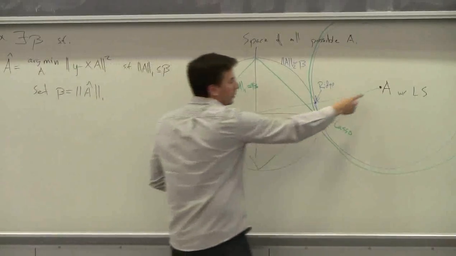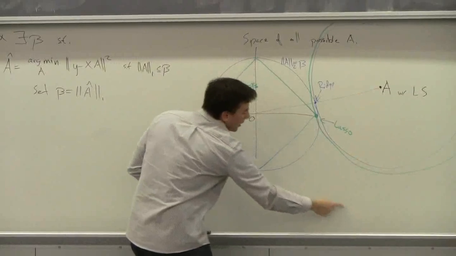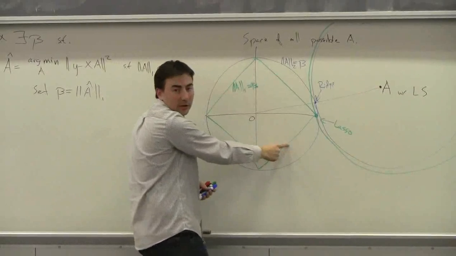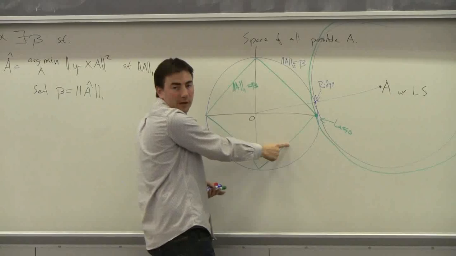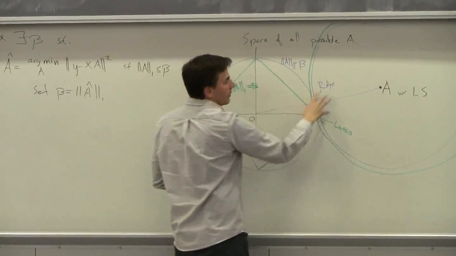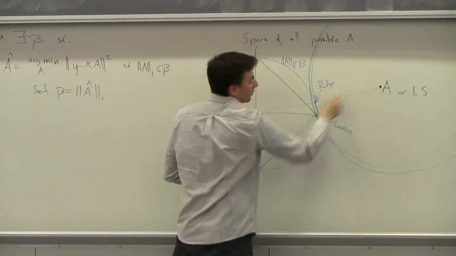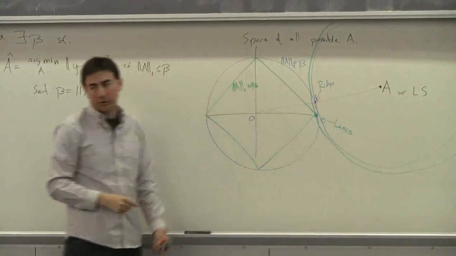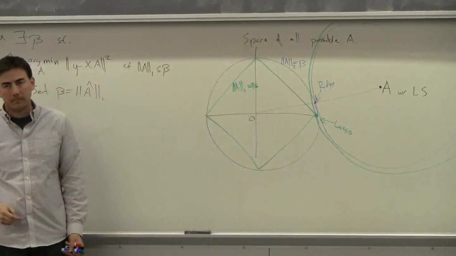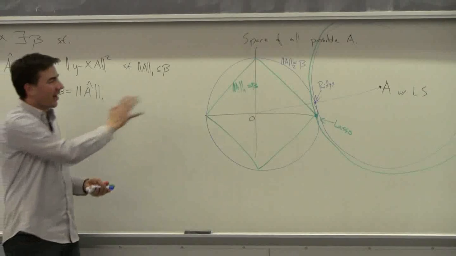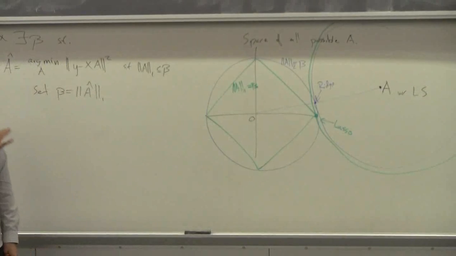Now, if my solution here, A, was down here, then the closest point would still have no non-zeros. But for many of the possible solutions, the closest point will be on the corner. So this is the interpretation of why the lasso gives you a sparse solution.